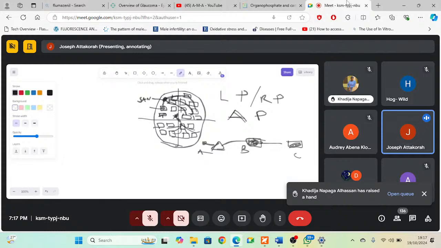Then A gets impulses from the sinoatrial node. I'm trying to explain this for you to appreciate. When A gets impulses, A will be stimulated. After stimulation, A will send impulses to the next, closest myocyte, B, and B will also be stimulated.